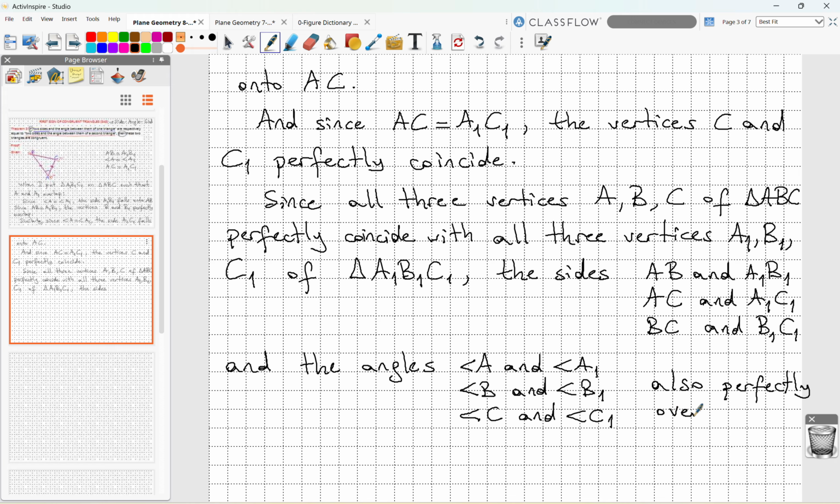Okay, let's write overlap once more. That's why triangle ABC is congruent to the triangle A1B1C1. So that's the end of our proof.